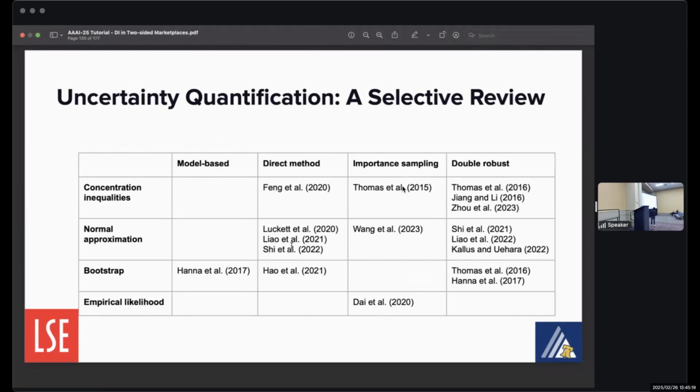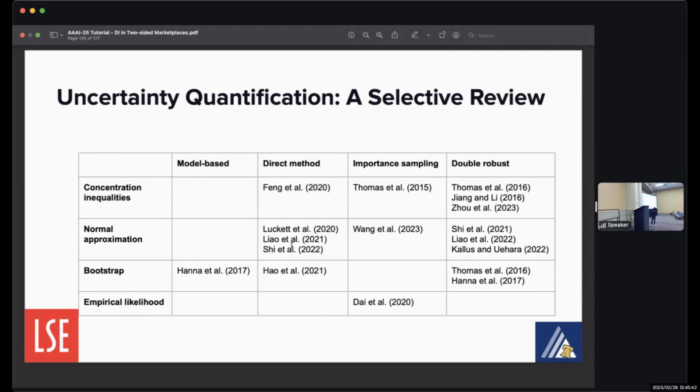If you look at this table, if you look at these rows, it classifies these methods into 4 different types: either using concentration inequality, or based on normal approximation, or using bootstrap or empirical likelihood for the purpose of uncertainty quantification.